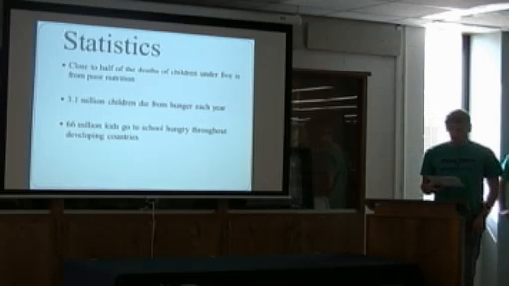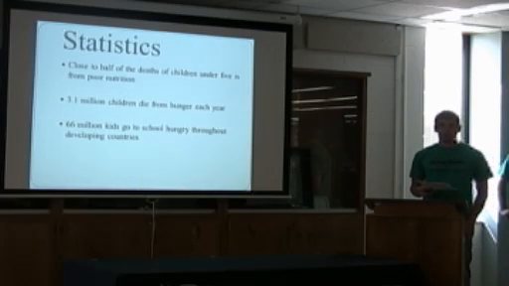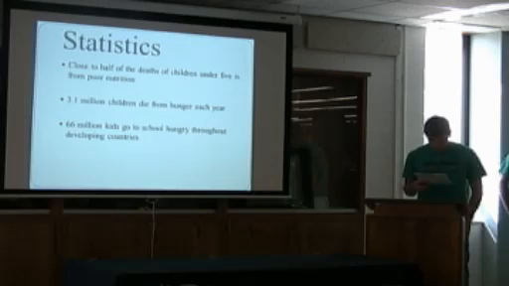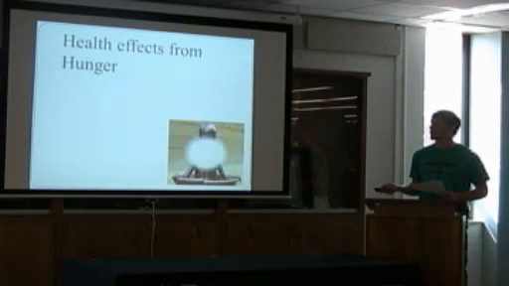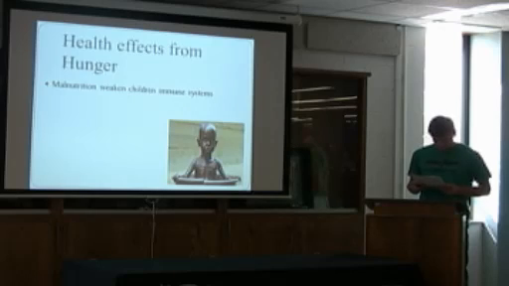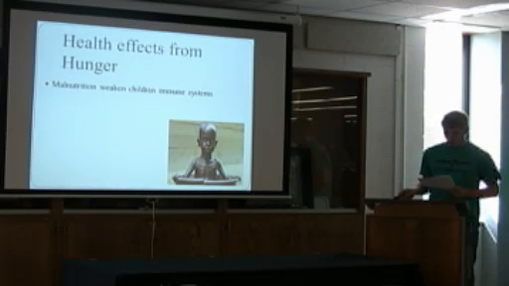With 66 million kids going to school hungry throughout developing countries, you can be assured that their attention and focus is not going towards their education, but rather towards their next meal. Over 2 million children die every day from dehydration caused by diarrhea.